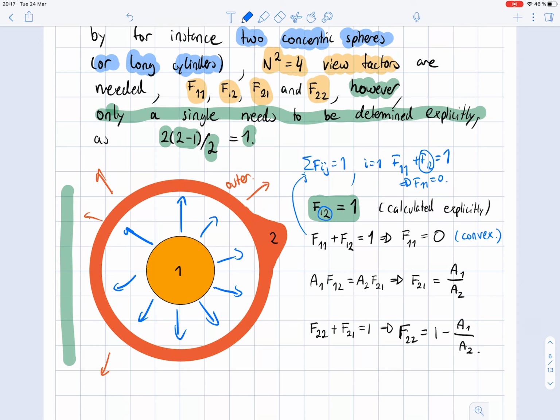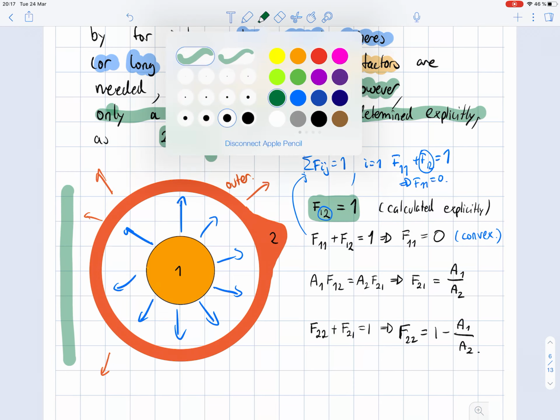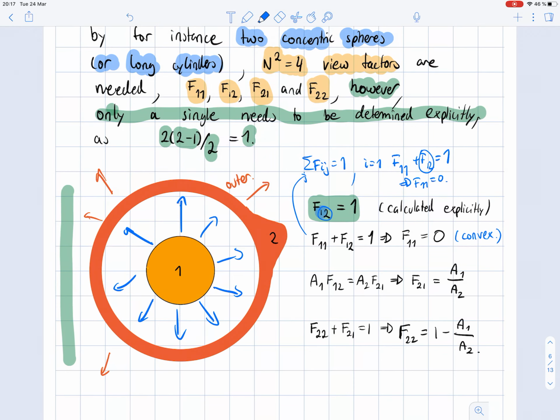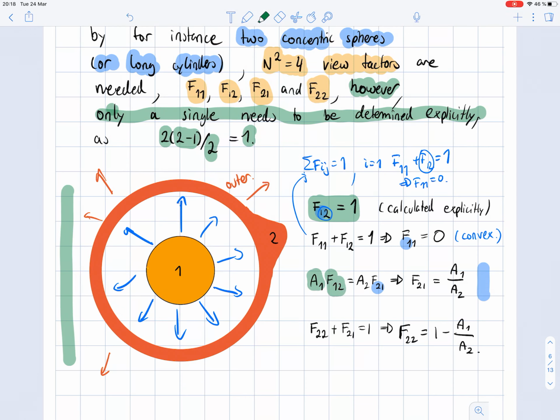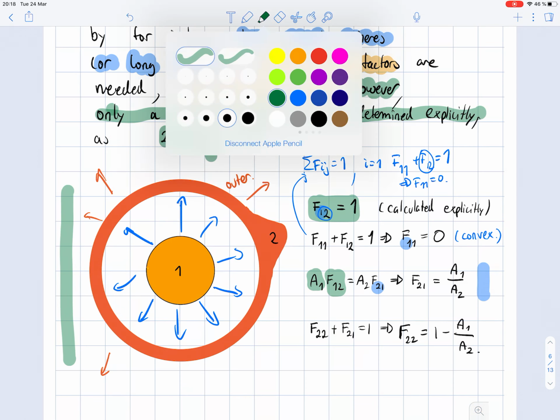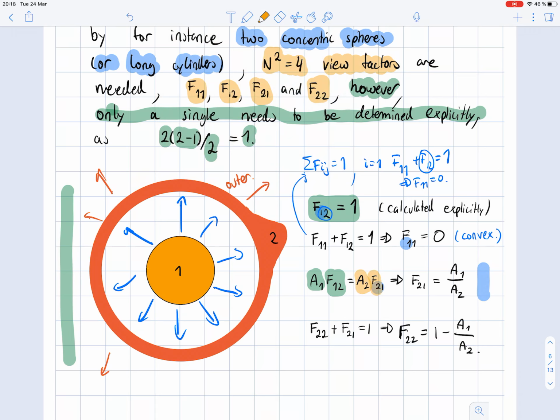So now that we know the value of the view factors that have a 1 as the first index, we can use the reciprocal relation to calculate one of the view factors that has a 2 as the first index. So the reciprocal relation tells us that A1 times F12 equals A2 times F21.